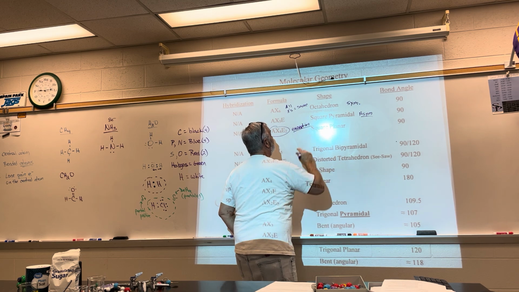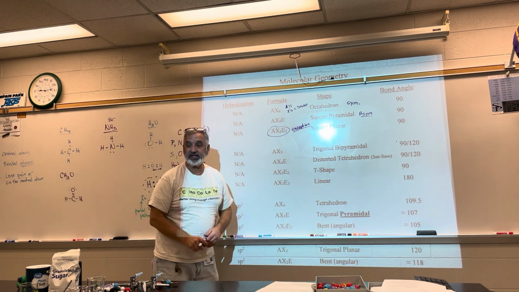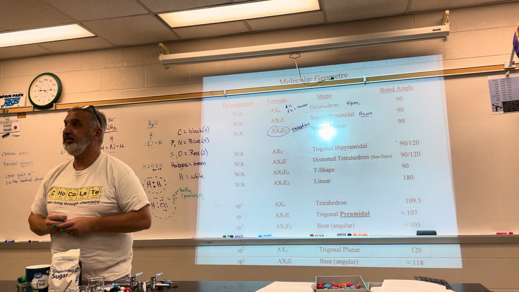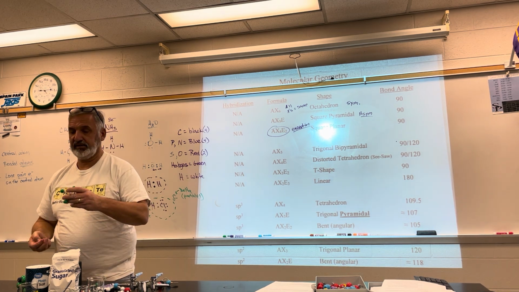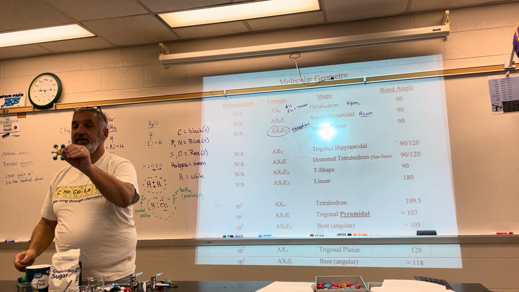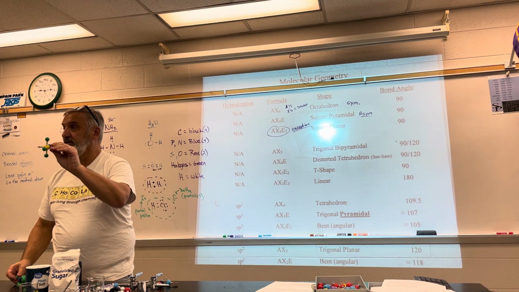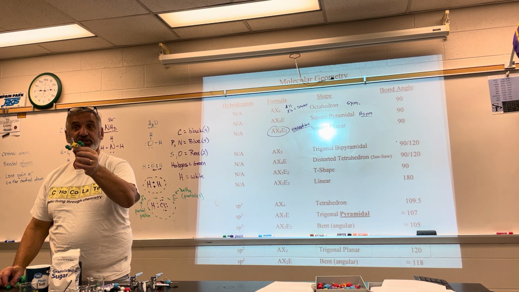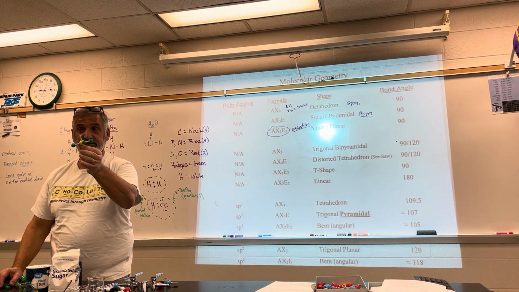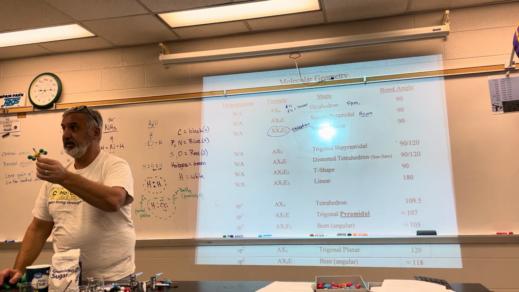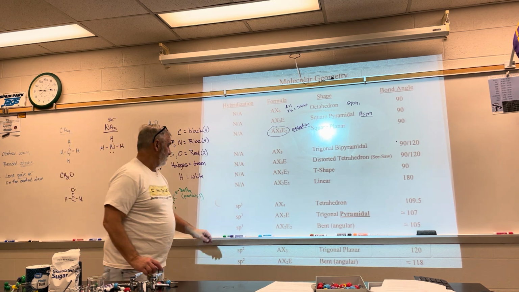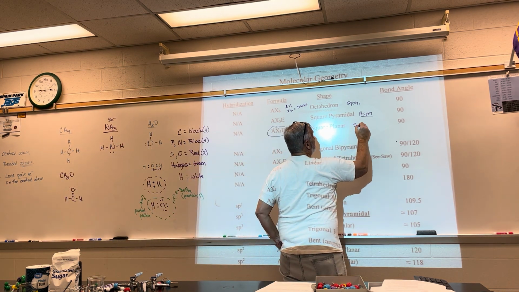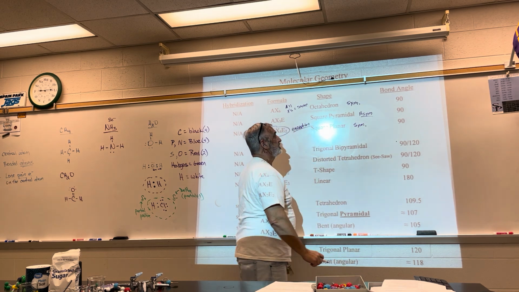This is why we can't say it always. Because it's the square planar one. So even though it's going to have two lone pairs, it's still going to be a symmetrical molecule. It's one of the two exceptions where we have lone pairs, but it's still symmetrical, as long as the X's are the same. Okay? So square planar is going to be symmetrical.